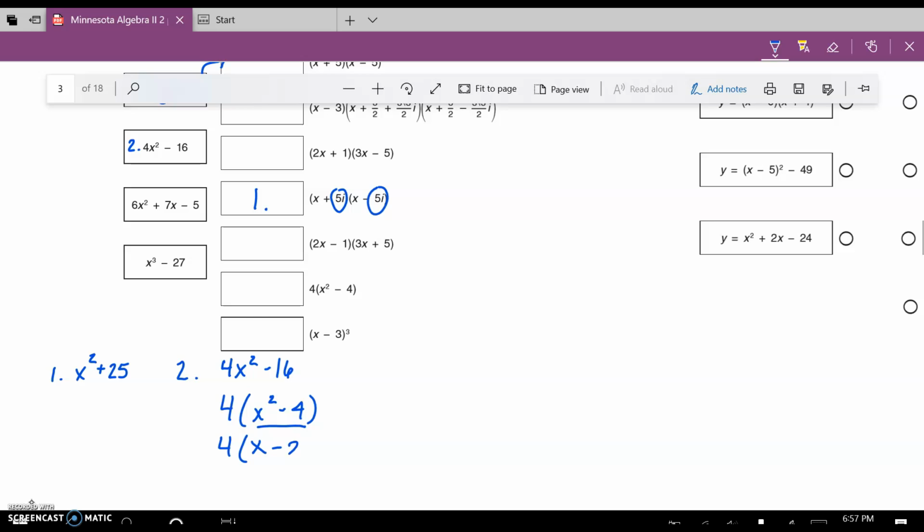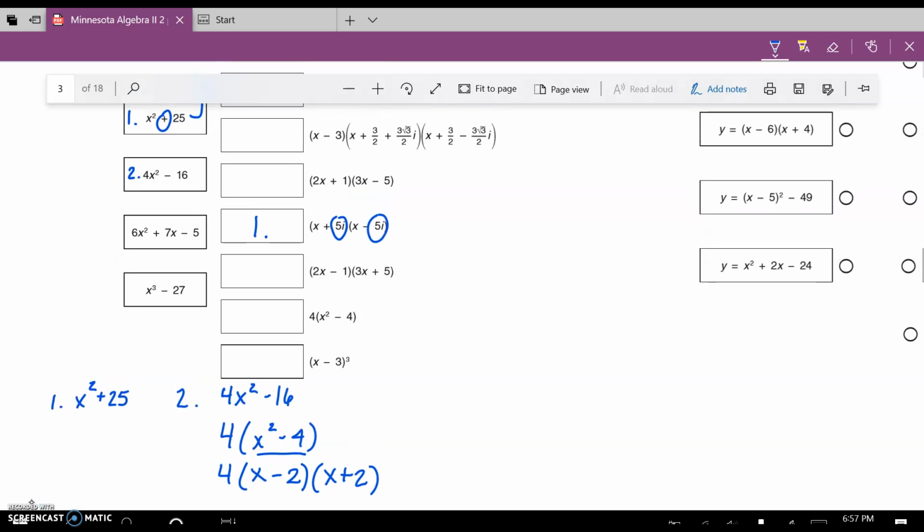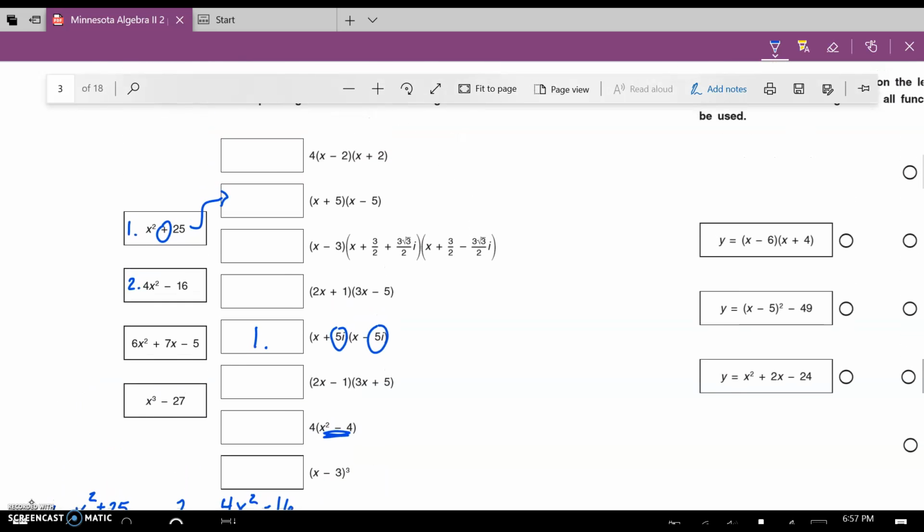So x minus 2 and x plus 2. So don't forget to not stop here, because you can also do difference of squares here. So this wouldn't be your answer. You would actually put this one as your answer.